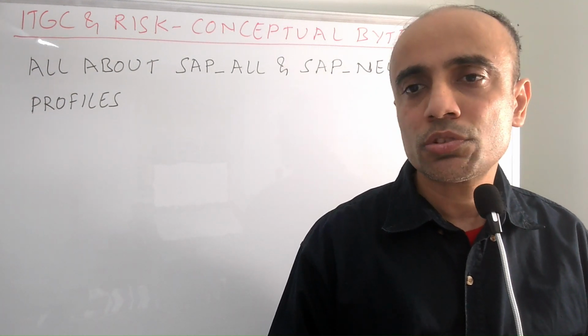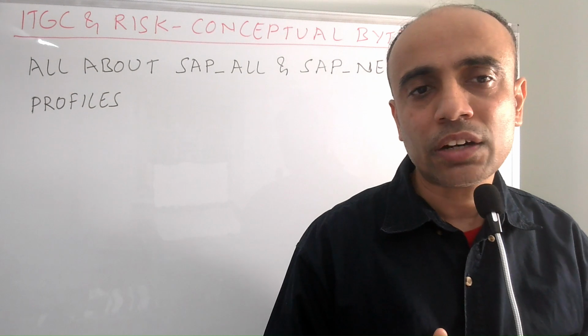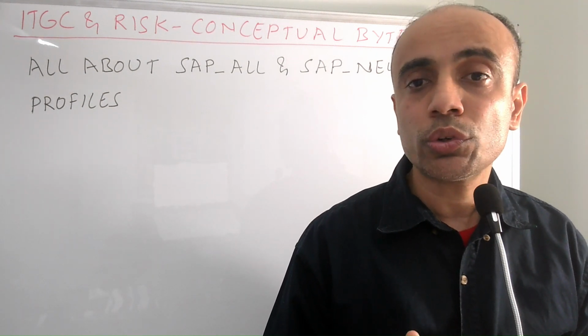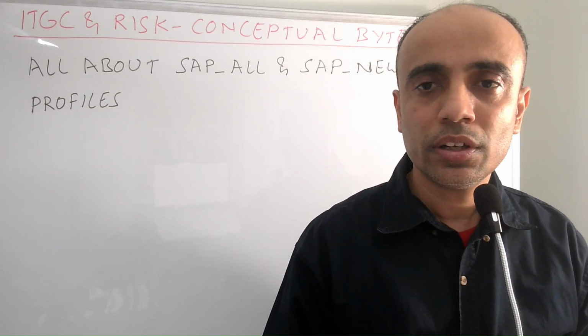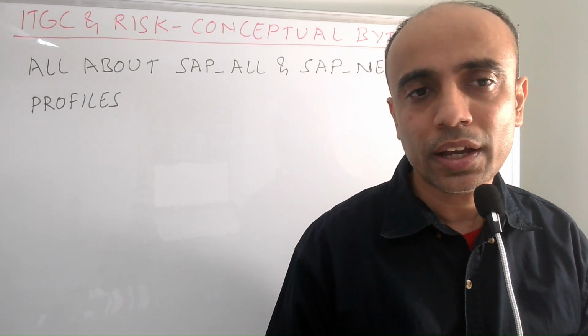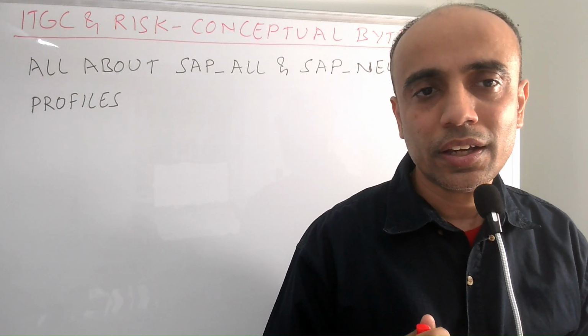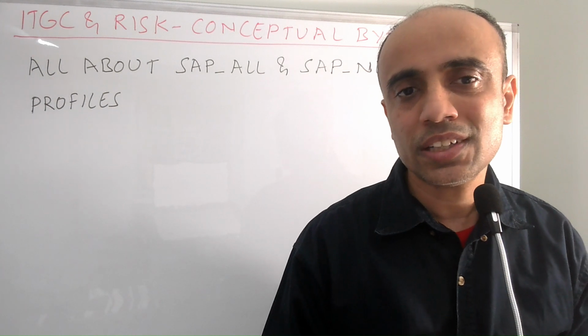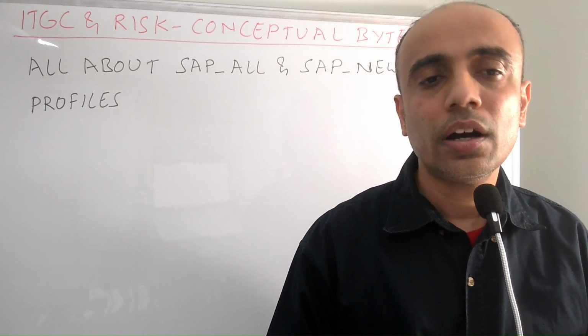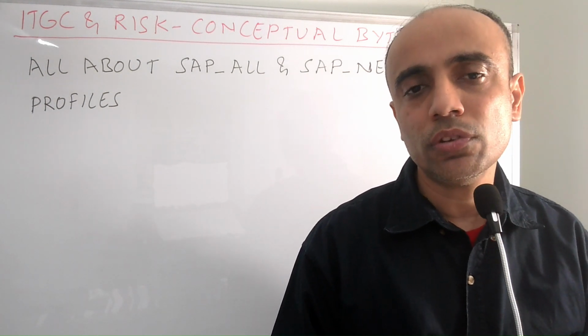And then the third step is to make sure all activities are approved, for which you need to get to the activities of users with SAP_all and SAP_new profiles, and that can be done through ST03N and STAD T codes.